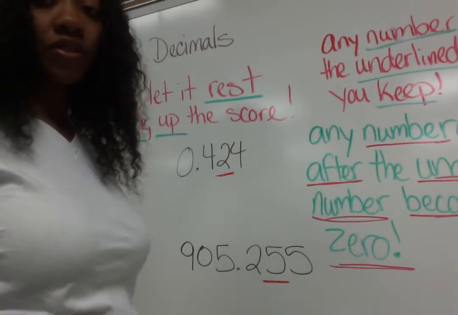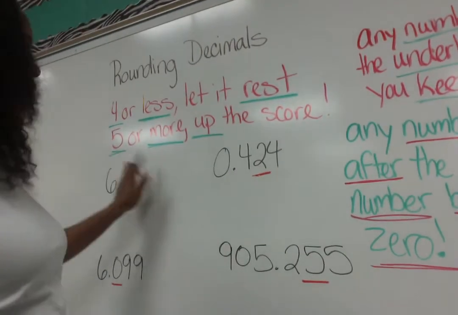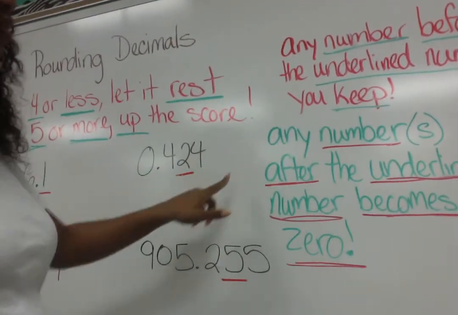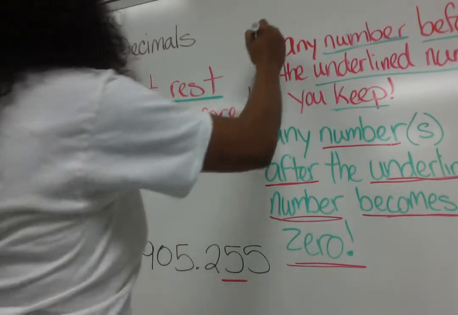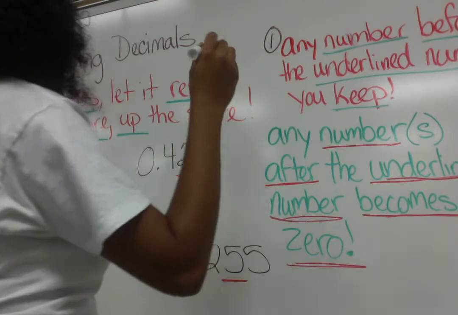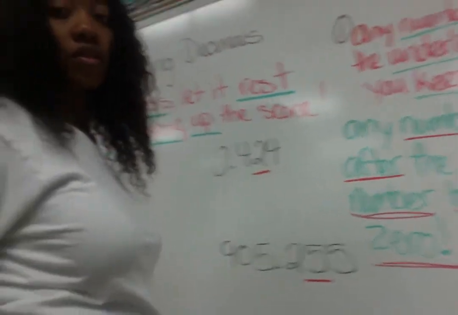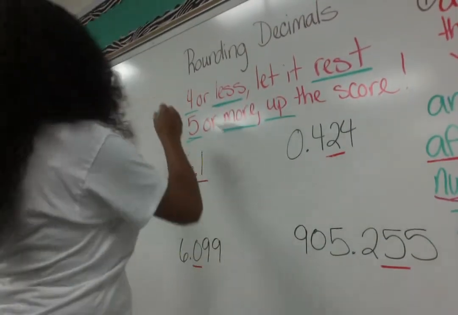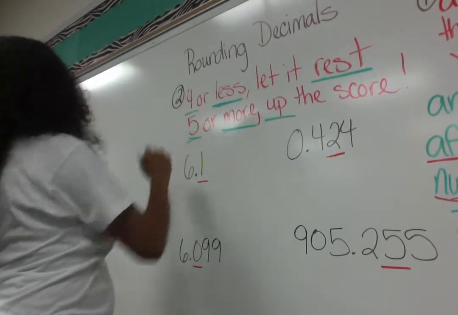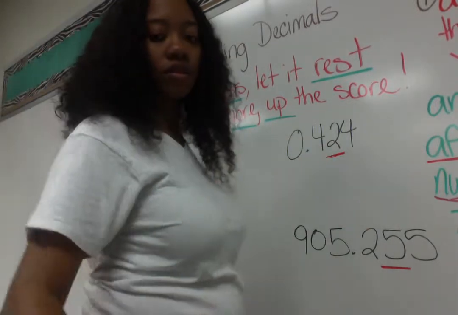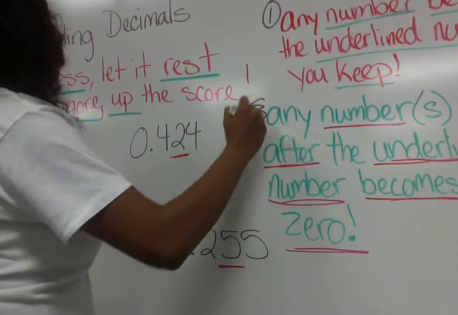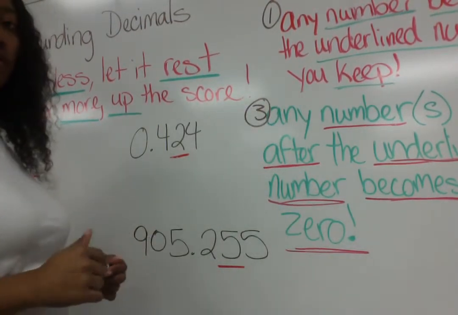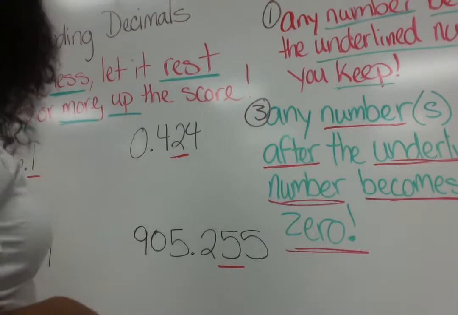Now, if I follow this in a rule pattern between the 3 rules that we have, I would say this one is first, this one is second, and this one, the one on the bottom, is third. And I'll show you why.